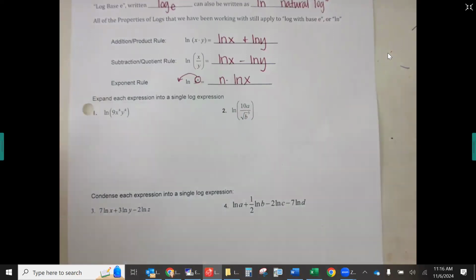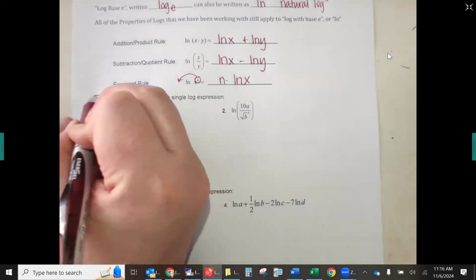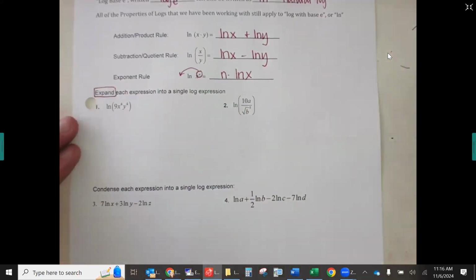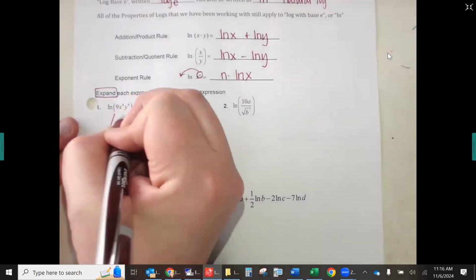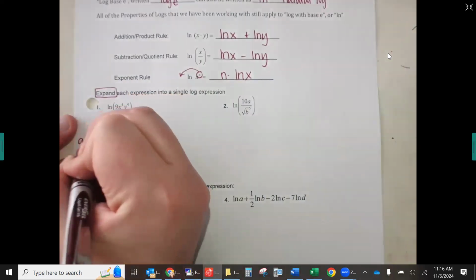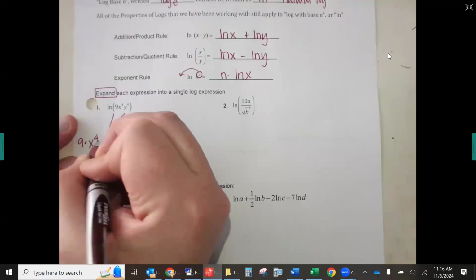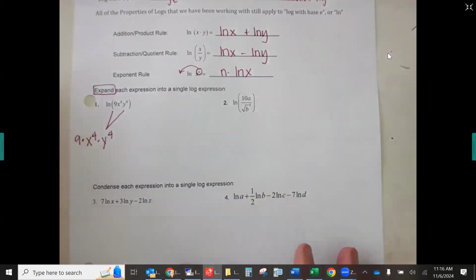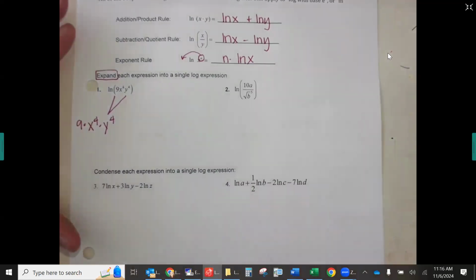So for number 1, I want to expand. That means that I want each expression to be in its own log. The 9, the x, and the y are all multiplied. So when I split them up, what operation will I use in the middle? Addition or subtraction? Addition.